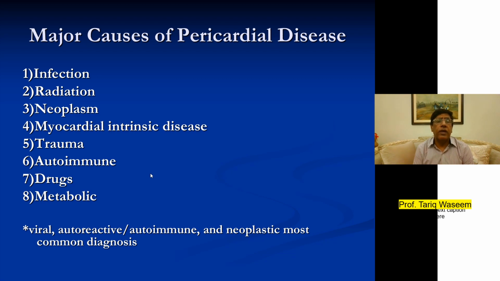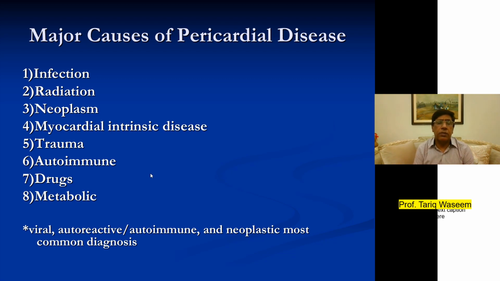Similarly, metabolic conditions like uremia or renal failure may cause development of a chemical type of pericarditis and pericardial effusion, and one of the common causes of pericardial effusion in patients with renal failure is uremia. Similarly, some endocrine disorders like myxedema or hypothyroidism may be associated with development of a significant amount of pericardial effusion or pericarditis.